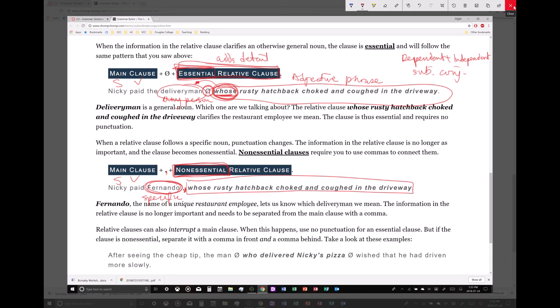Have a read over the slide, have a read over this website, try the examples here to see which one is not specific. And remember, if it's a not specific person, you use an essential relative clause. If it's a specific person, you use a non-essential relative clause and a comma.